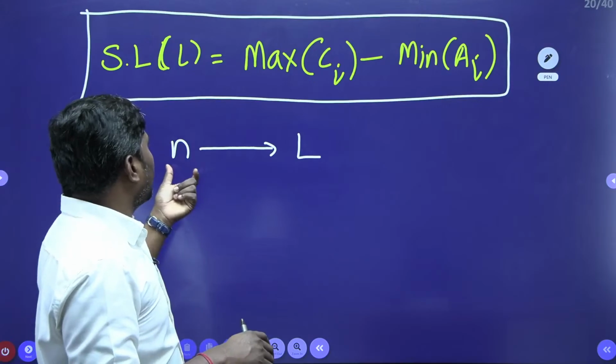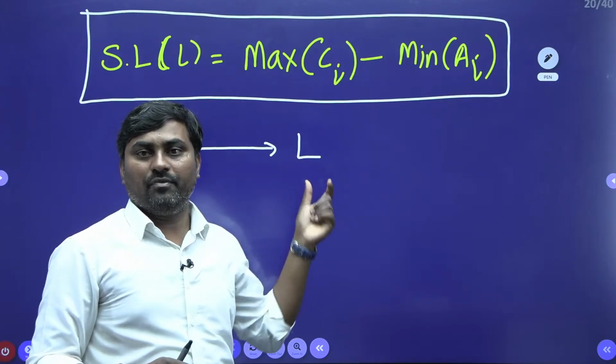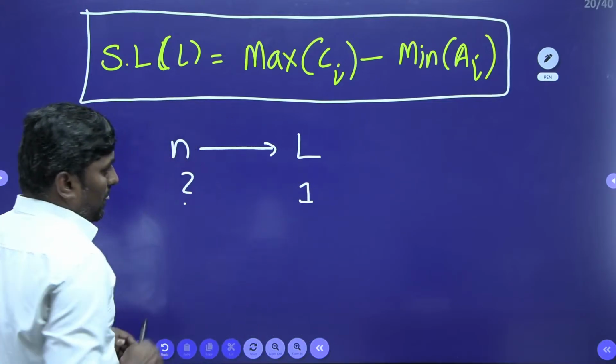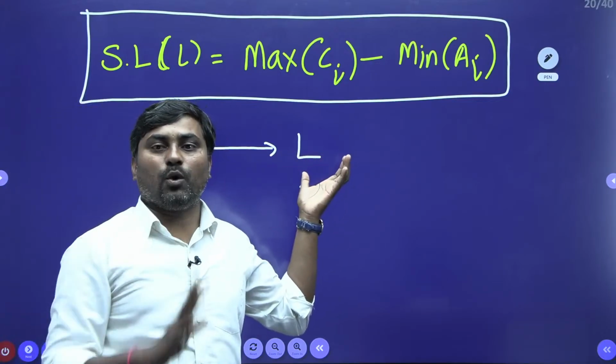I am generalizing: N processes are taken to complete how much time? L. To complete N processes, L time is required.